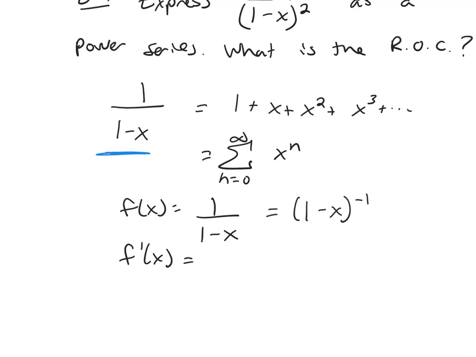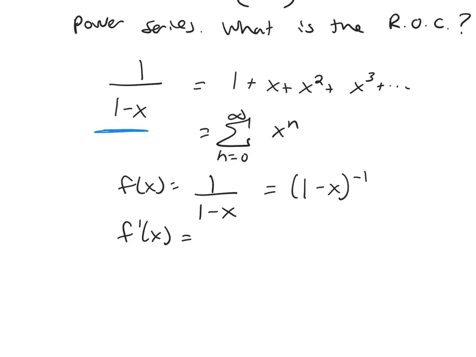So let's take the derivative using the chain rule here. What do I get? Negative 1, 1 minus x. What's my new power? Negative 2. Is that the derivative? No. Multiply by the derivative of the inside, negative 1.